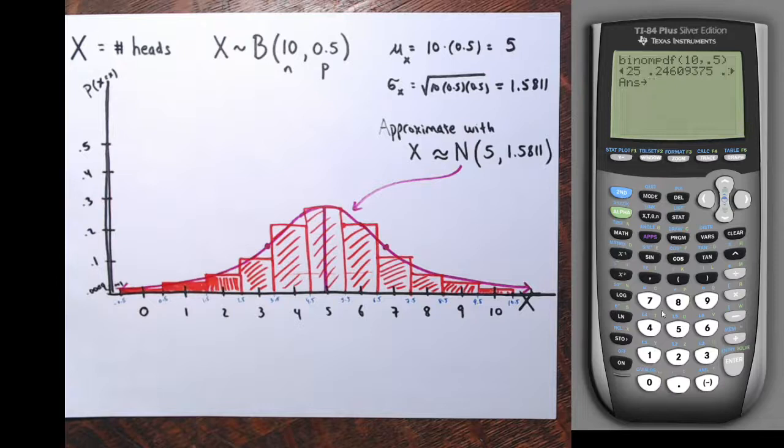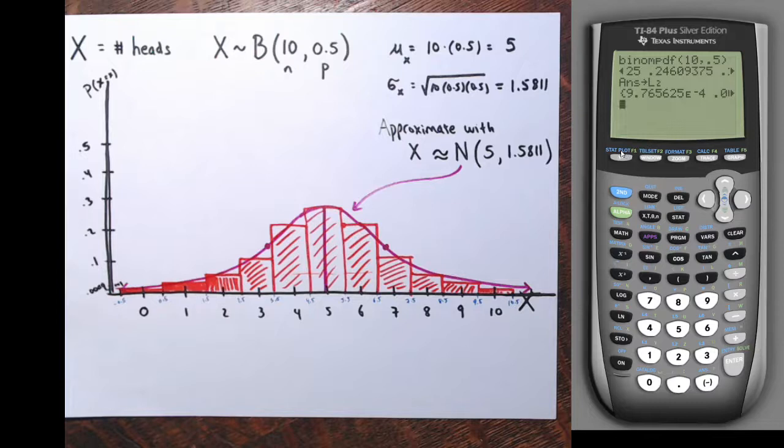I'm going to go 2nd, 2 for List 2 and then hit enter, and it'll say okay, repeating the values. But now look what happens when I go back to that list. Go Stat, Edit, and now List 2 is populated by all the probabilities, the probability of no successes, 1 success, 2 successes, etc. All right, now I'm going to make a histogram.